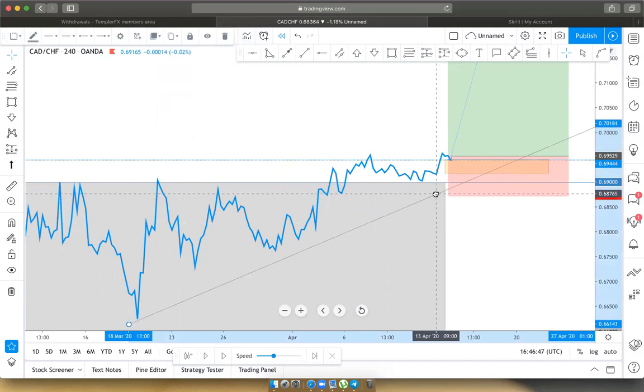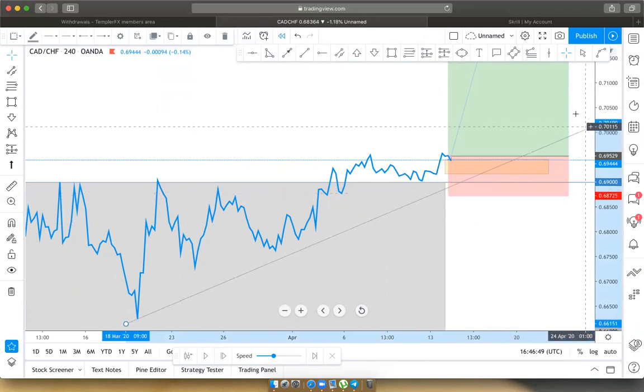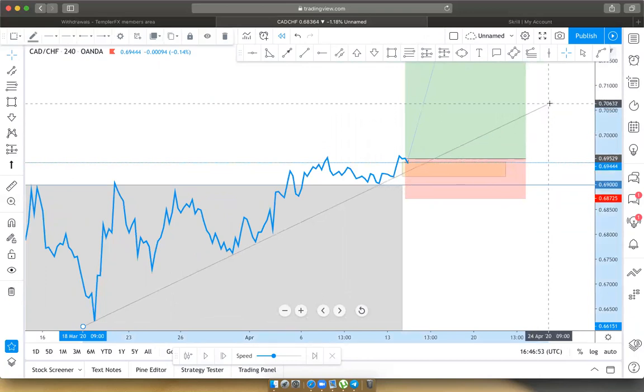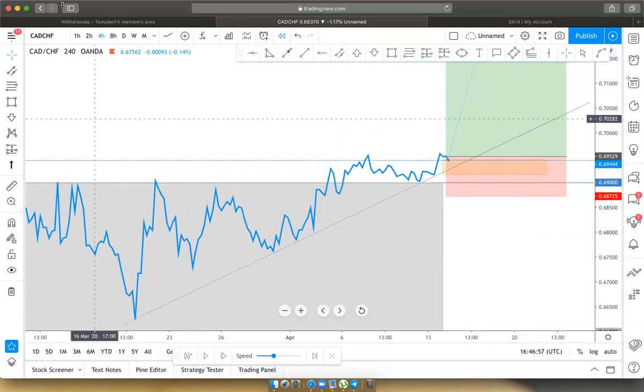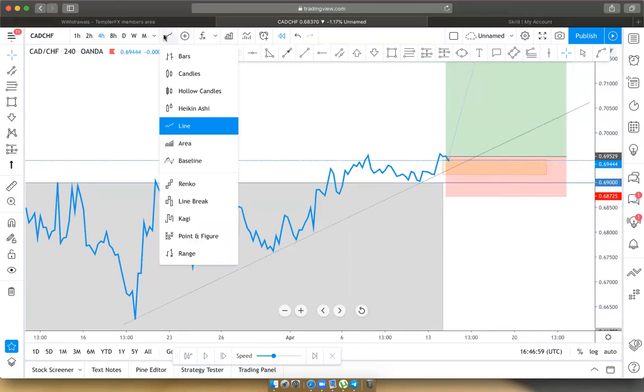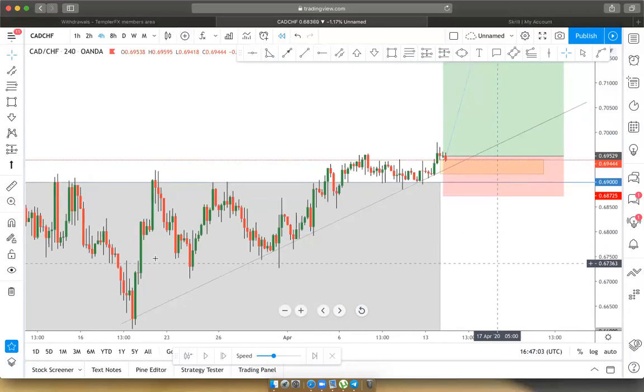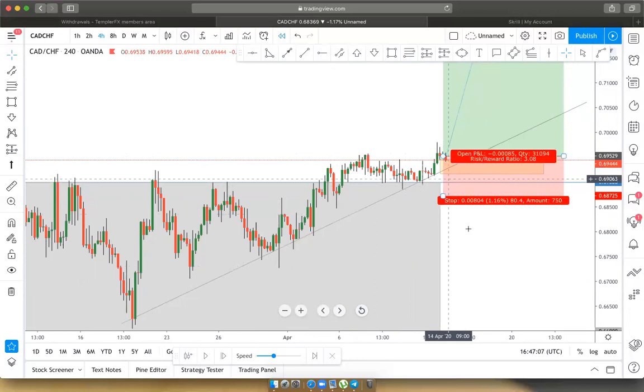The trend line was here. So this trade was all supported by the normal technical skills that I had. It was really supported that it is on bullish structure, and it's supported by this trend line.